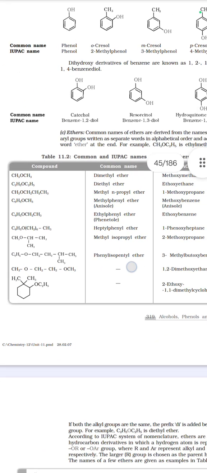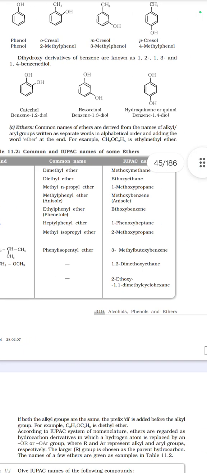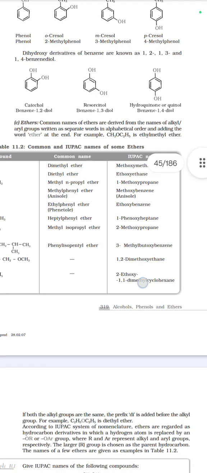Common name catechol, IUPAC name benzene-1,2-diol. Resorcinol, benzene-1,3-diol. Hydroquinone or quinol, benzene-1,4-diol.